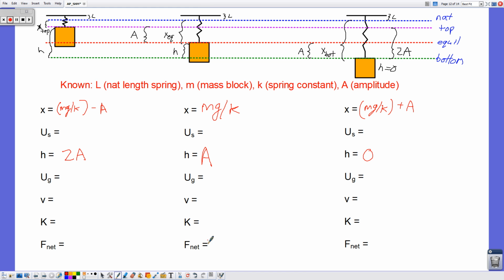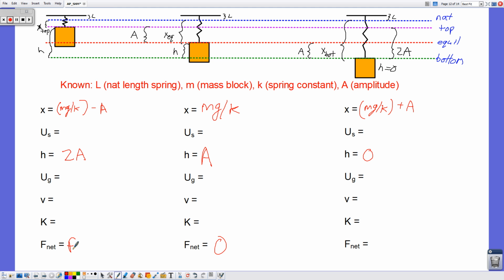Now I'm going to jump down to forces. We already talked about this one. There are two forces here: gravity force down and spring force up, and they're canceling each other out, giving me a net force of 0. What about here? Well, it's compressed, so the spring force is going to push it down, and the gravity force is also going to push it down.